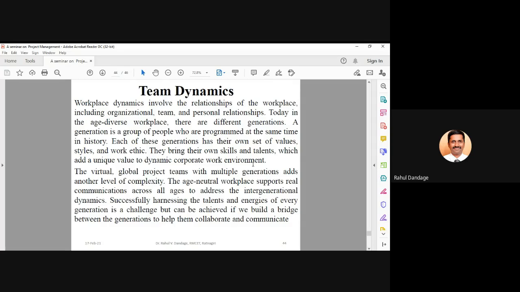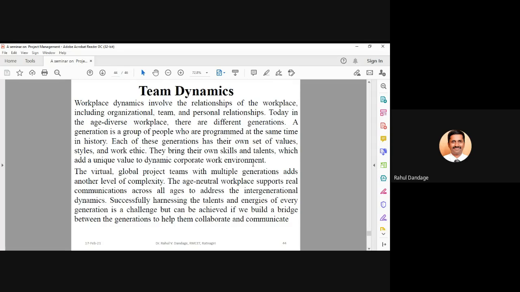Virtual global project teams with multiple generations add another level of complexity. When you are working with physical teams, your work might be simpler because you know who these people are, which generation they are from, and what their values, working styles, and work ethics are.